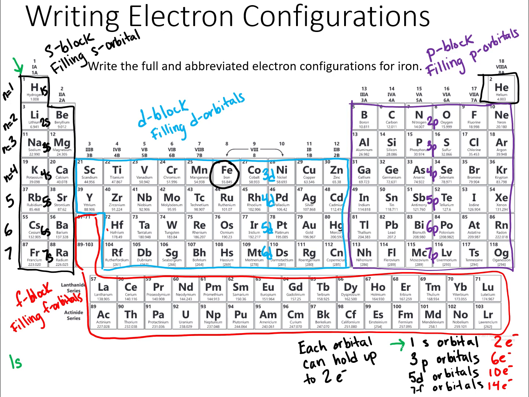Yeah. We can fit 2. So we'll write that as a superscript. That means that if we stopped here, we would have the configuration for helium. But we don't care about helium. We care about iron. So we need to keep going.